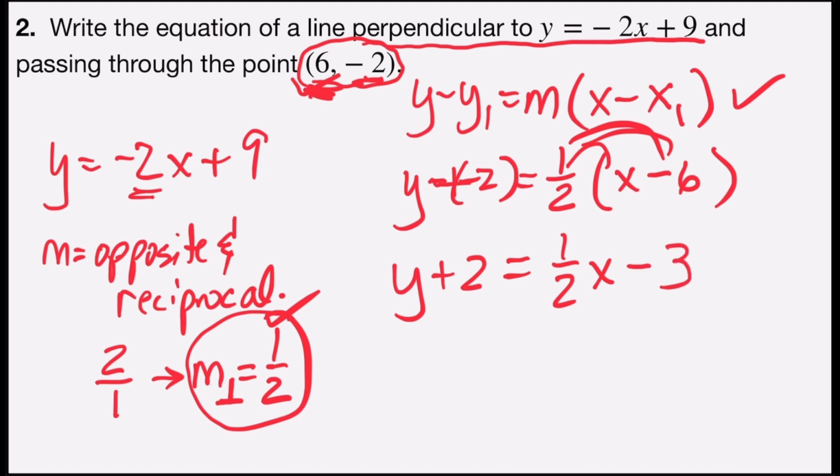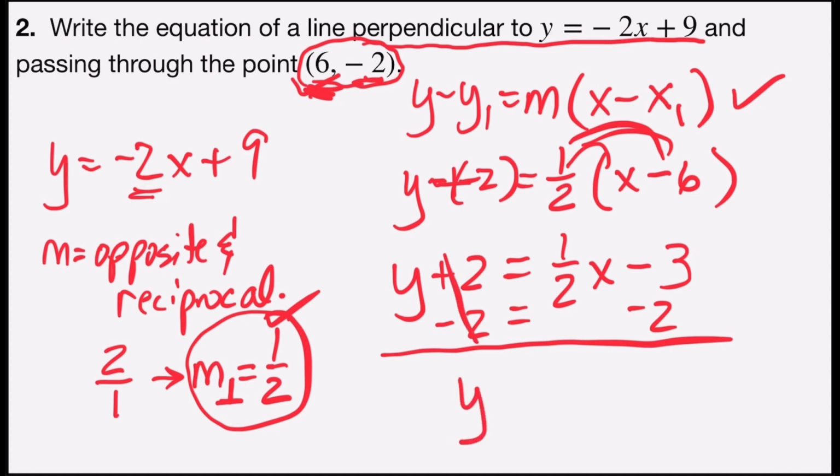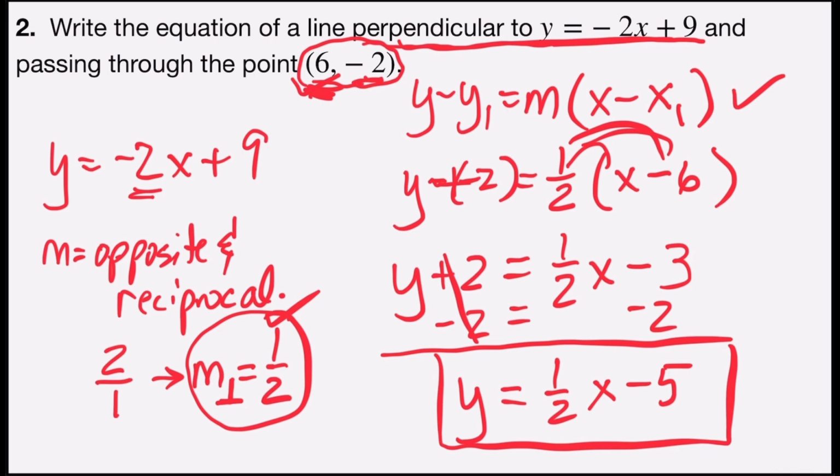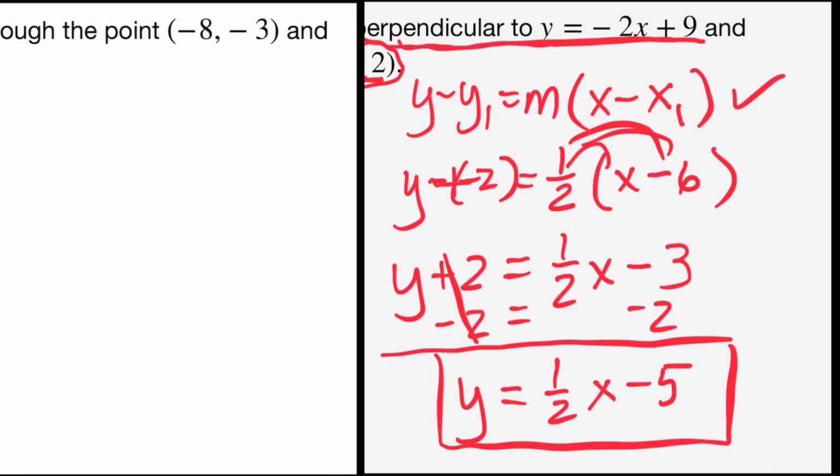Now all I have to do is solve for y. I'll subtract 2 from both sides. +2 minus 2 is 0. 0 plus y is y, equals 1/2 x, and -3 minus 2 is -5. So the line perpendicular to the given line would be y equals 1/2 x minus 5.